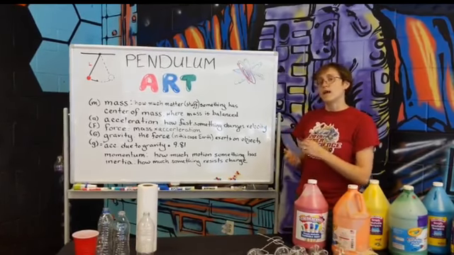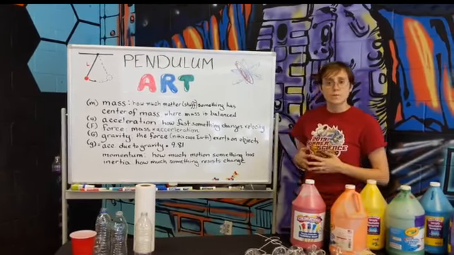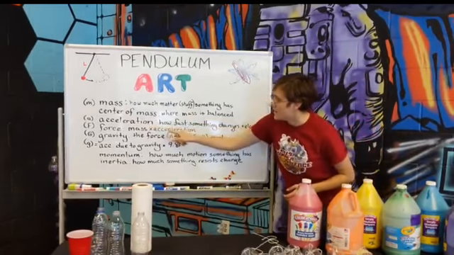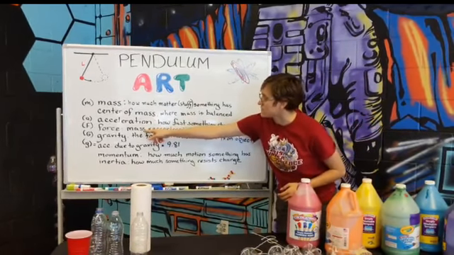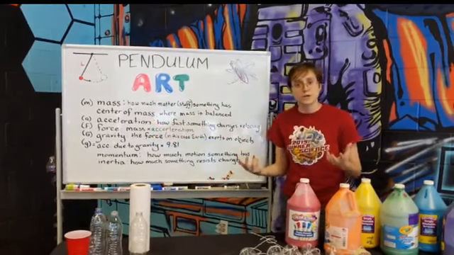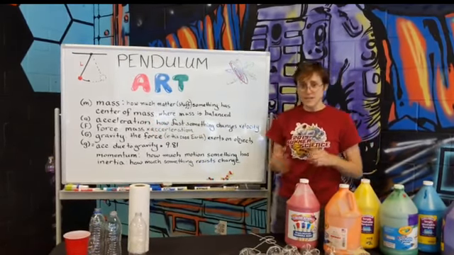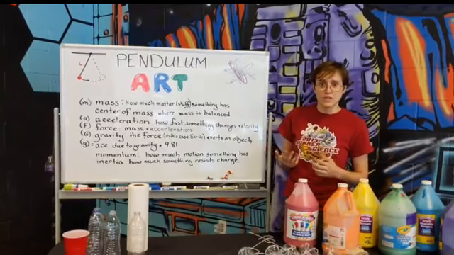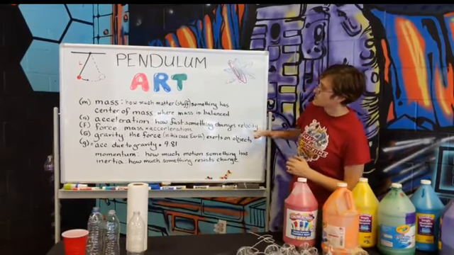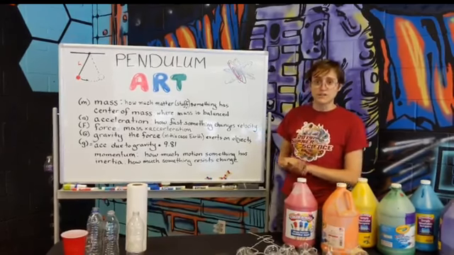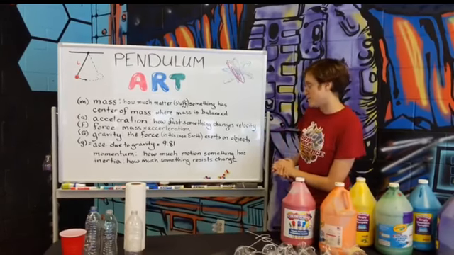Now, on Earth we have a roughly uniform acceleration due to gravity. Remember, F equals ma, so whatever your object is, how massive it is, times the acceleration due to gravity, which is around 9.81. Now I'm throwing a lot of definitions at you, but the reason I want you to know what these things are is because they're all going to affect different things you can change about your pendulum to get different art today.